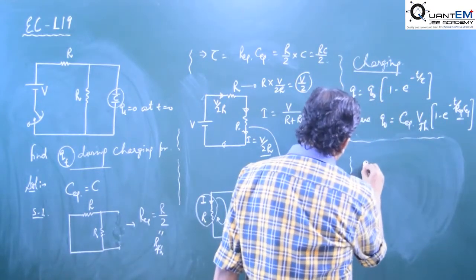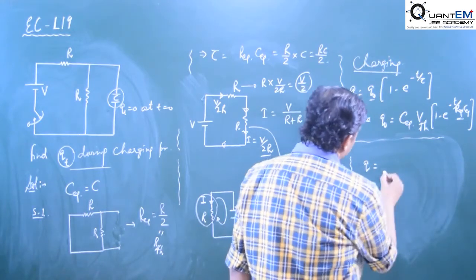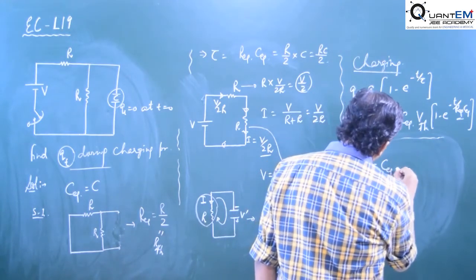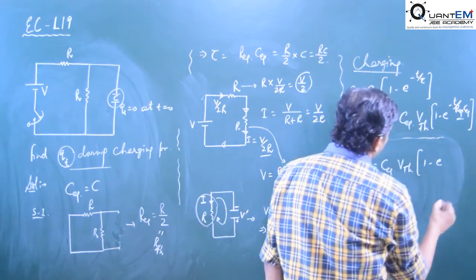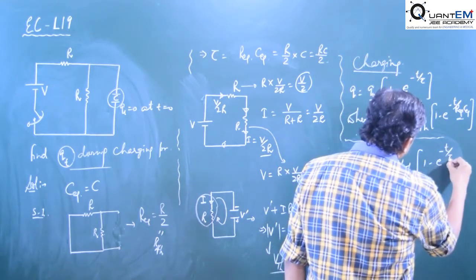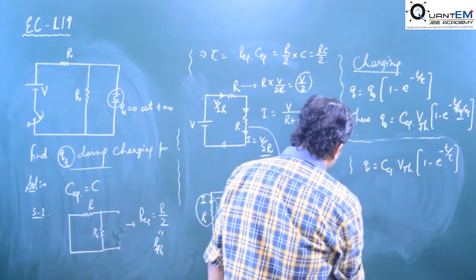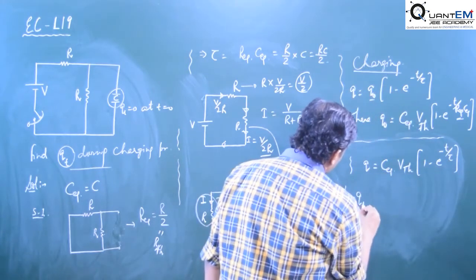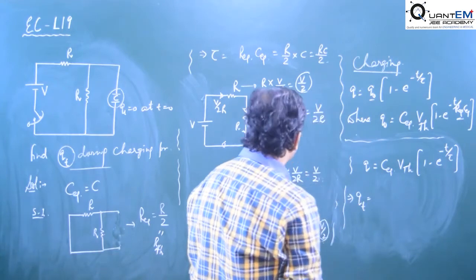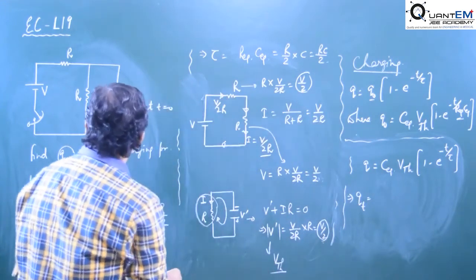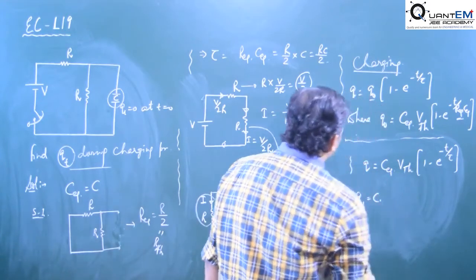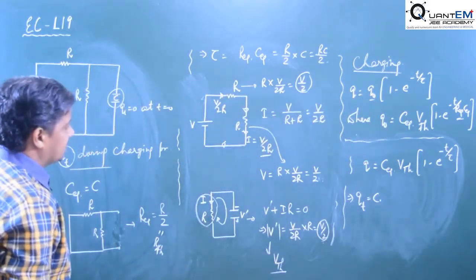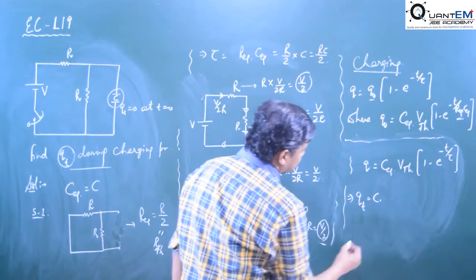So using this formula, Q is equal to Q naught, C equivalent into VTH, times 1 minus e to the power minus t divided by tau. Now putting the values, the charge across the capacitor at any time t. What is the value of C equivalent? We have a single capacitor, that is C. So C into VTH, VTH is V by 2.